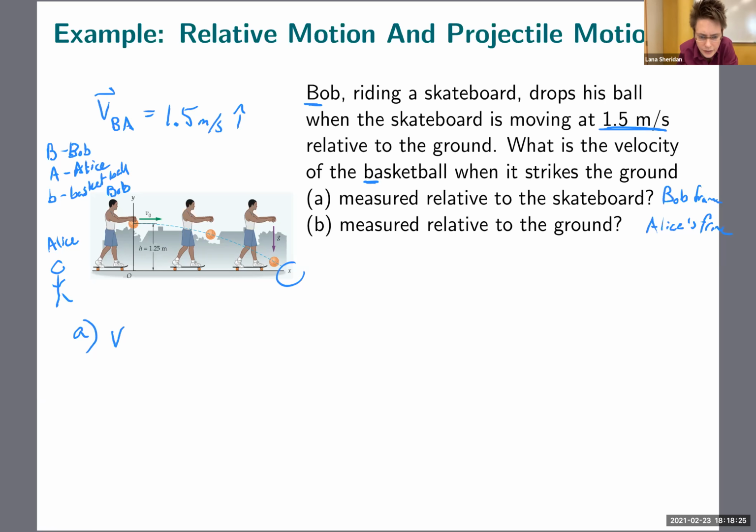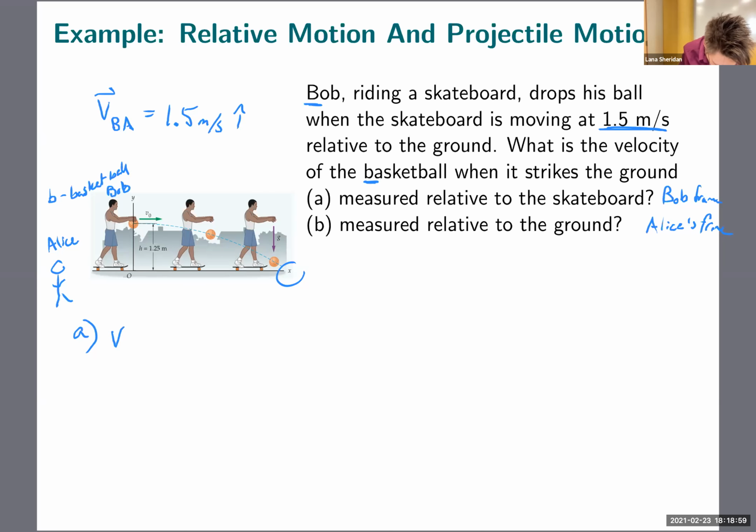Actually, let me see what I did in the slides so I can match my notation.